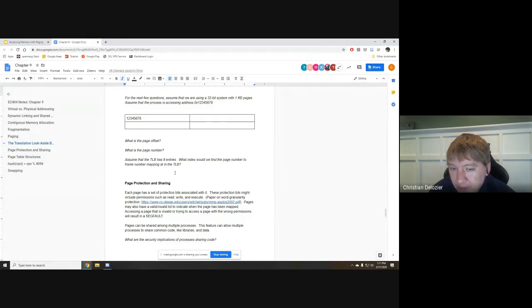So 2 to the what equals 8? 3, yeah. So you're gonna have 3 bits. So that should be the last 3 bits of the page number are what we're gonna use as our index into the TLB.